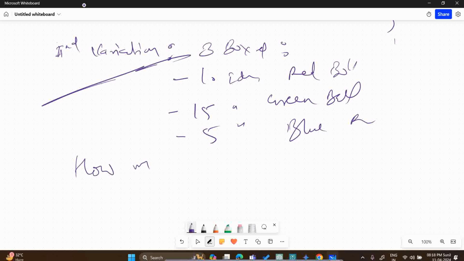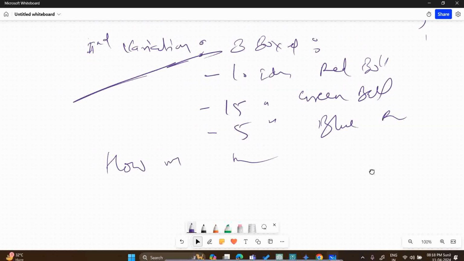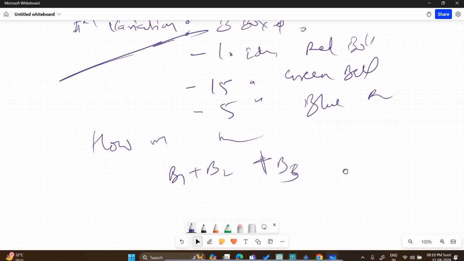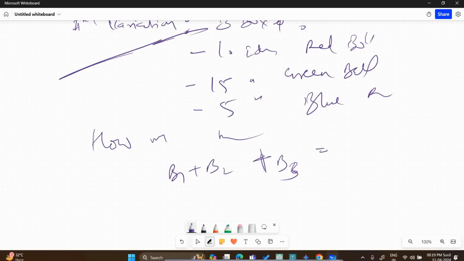How many ways are there to distribute these balls in three boxes? So box 1 plus box 2 plus box 3. These are the boxes. And how many total balls? 10, 15, 5, 30 balls are there. You have to distribute them in all the boxes.